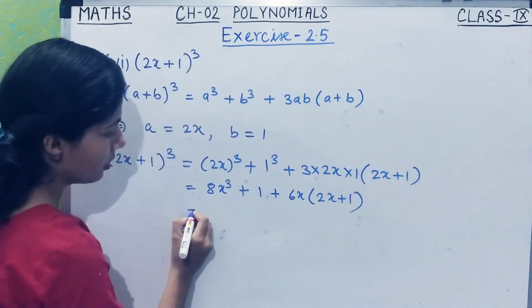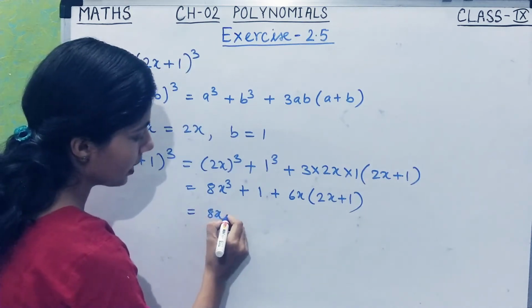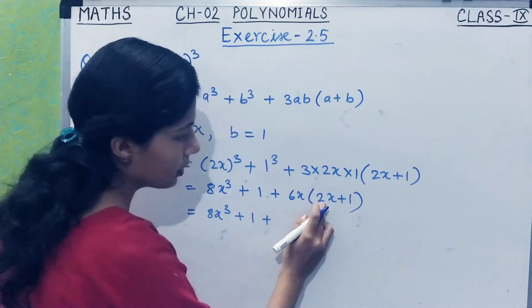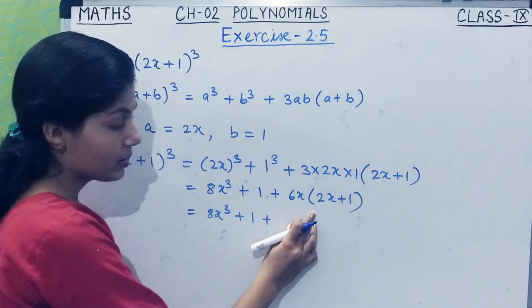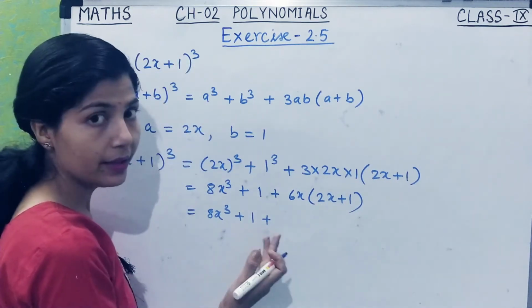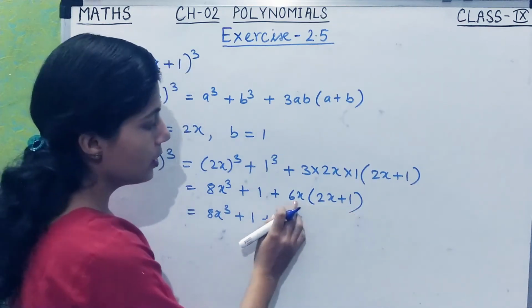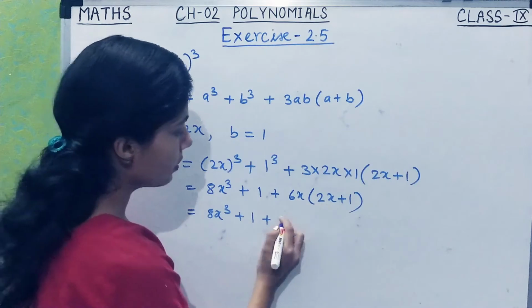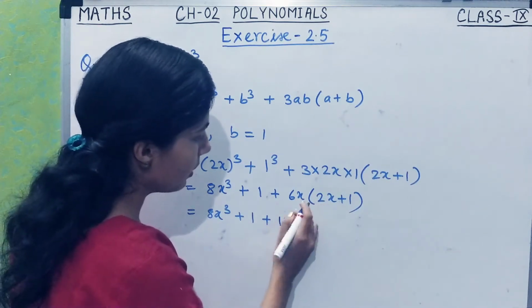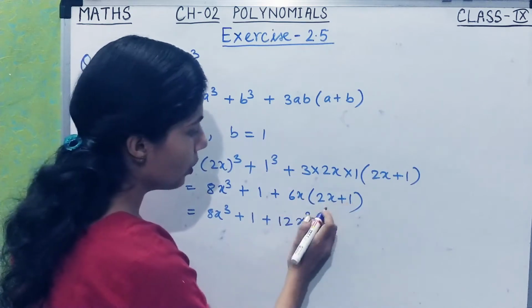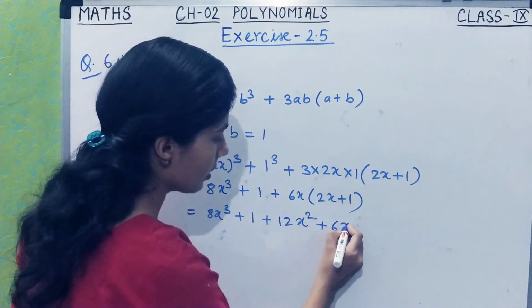Now 8x cube as it is, plus 1 as it is, plus 6x into (2x + 1). We have to write its expanded form, meaning we have to write each term, so we have to remove this bracket. 6x into 2x will be 12, 6 times 2 is 12, x into x is x square. 6x into 1 means 6x.